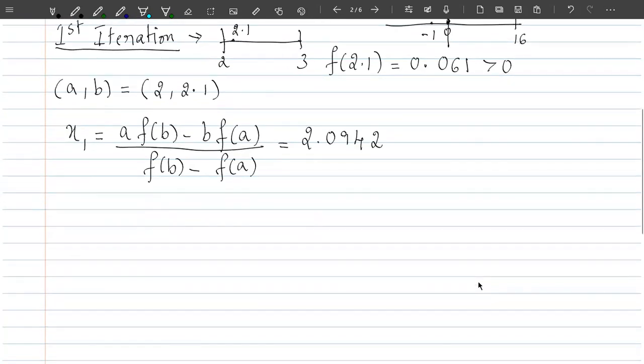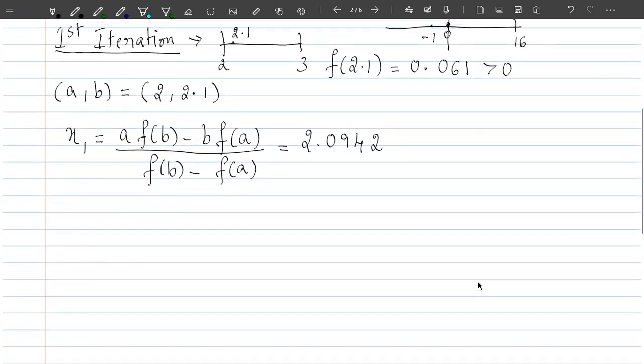So now using this, you have to get the next iteration, that is second iteration. So how do you make the second iteration here? For calculating the second iteration value, you need a new interval a comma b. So to get that, from the previous iteration, we already know that the answer is close enough to 2 and 2.1.